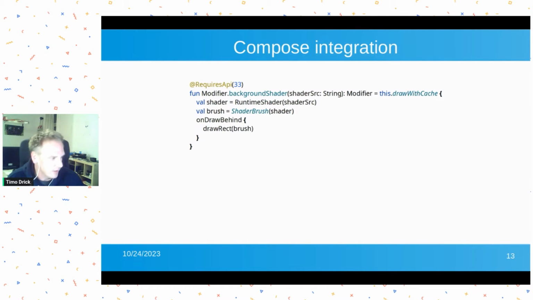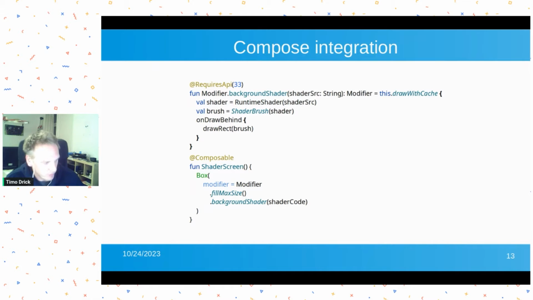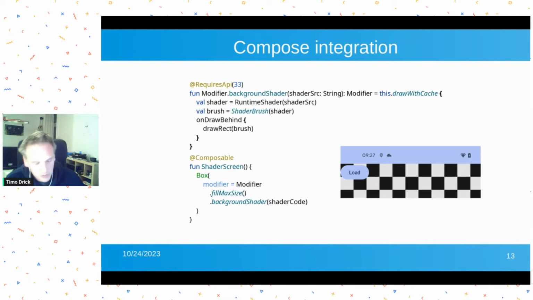As I already showed, drawRect and also drawCircle and stuff like that. Here's an example for a composable. When you want to have a complete screen filled with your shader, you just create a Box with a fillMaxSize modifier and add your background shader. This would then look like this.